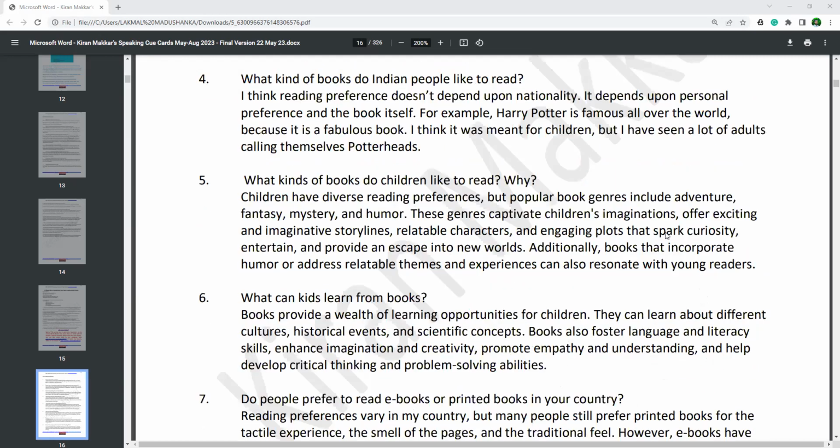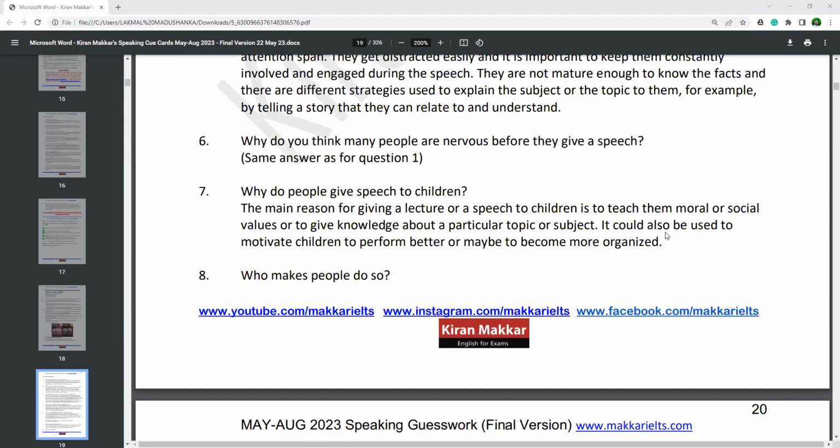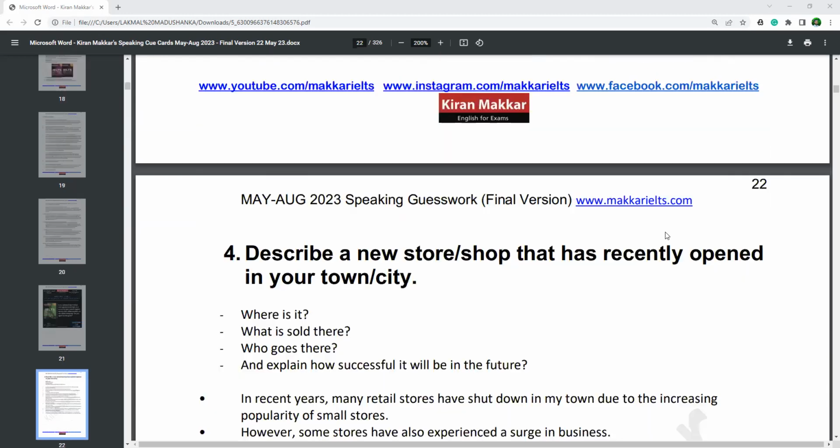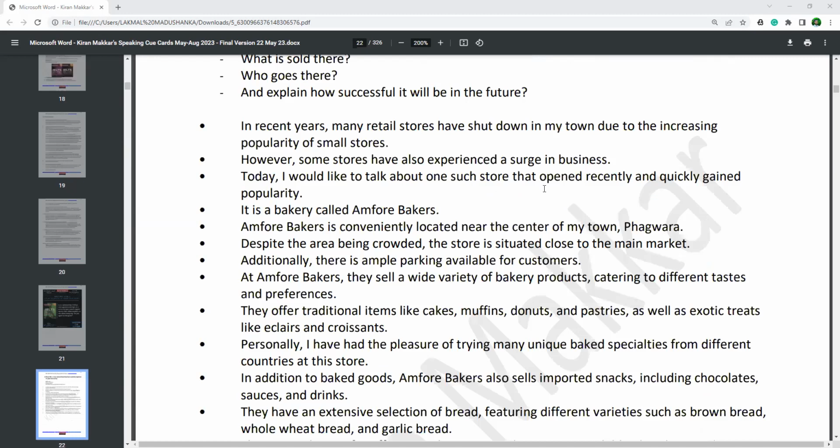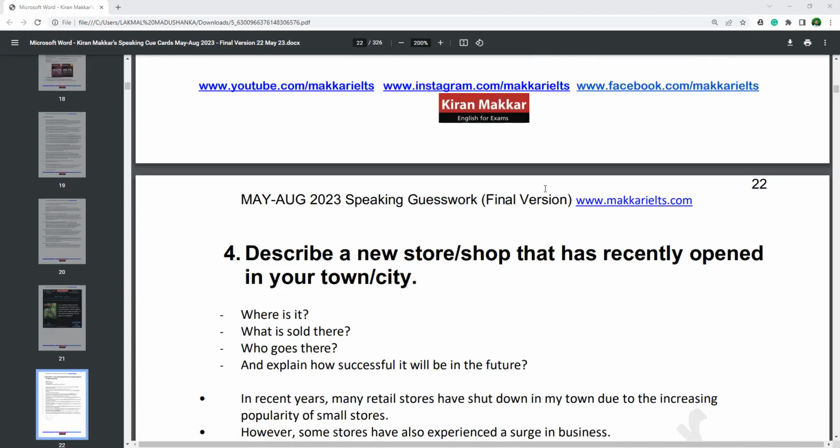I will randomly take a question here. Let's see. Describe a new store or shop that has recently opened in your town or city. Then you can start with a general statement, something like, honestly, recently so many stores or shops opened in our town. That's the general statement, right?